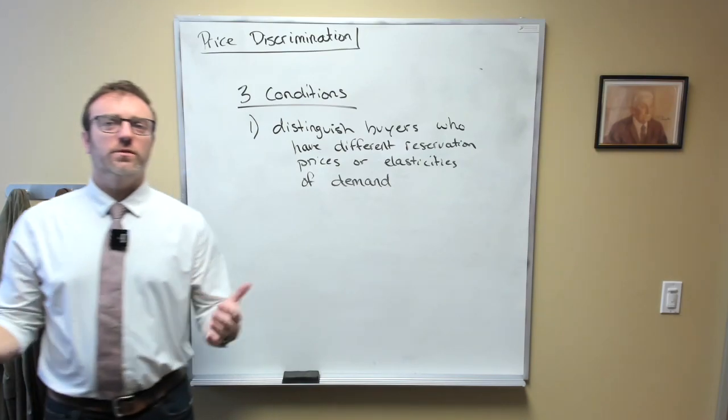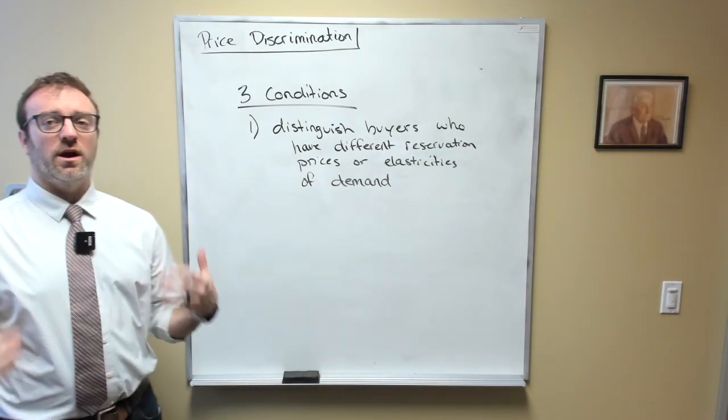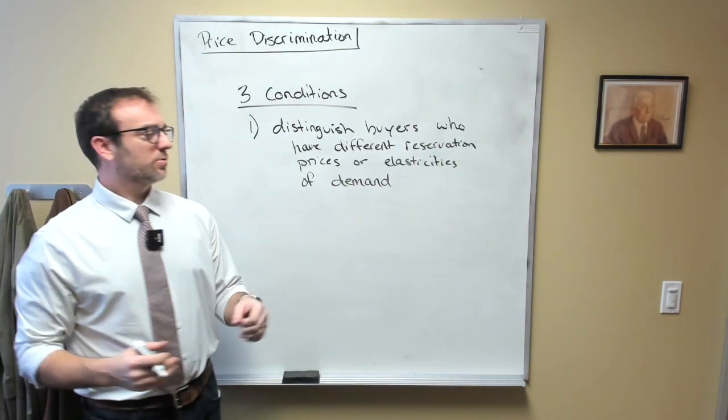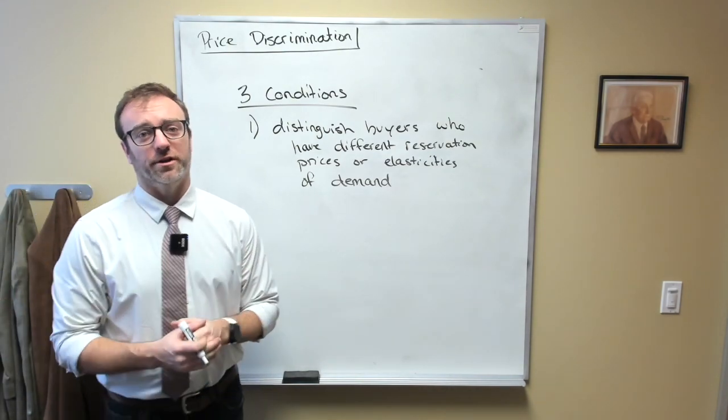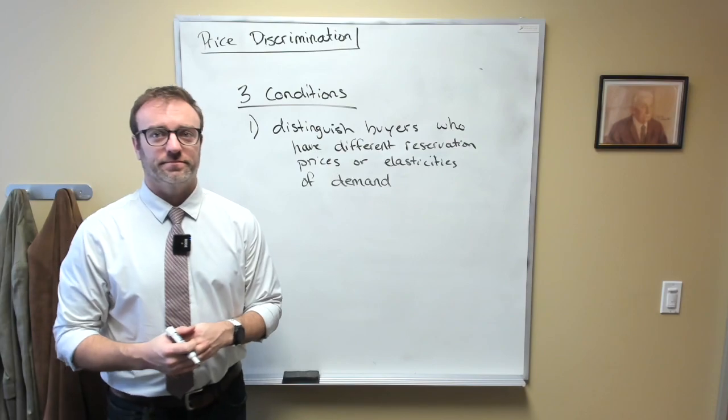Okay? So in other words, for number 1, you have to be able to tell which group of people is more likely to respond more strongly to a change in price.